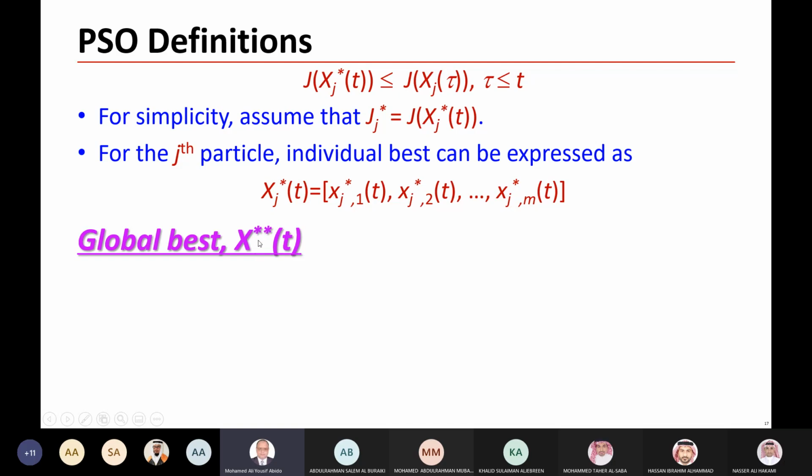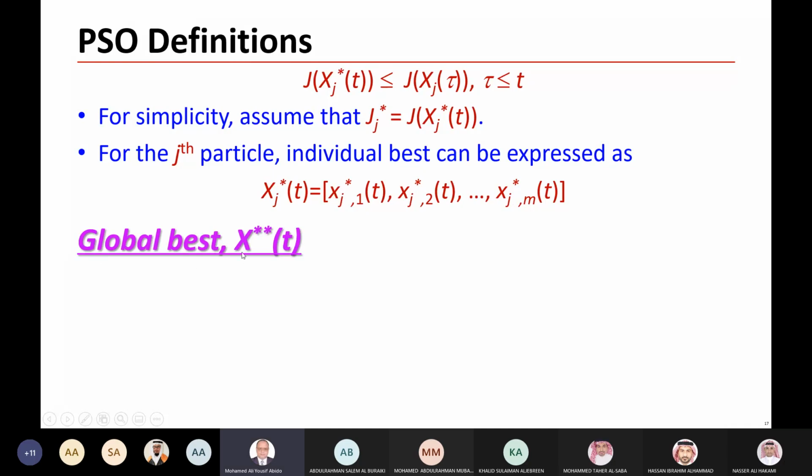Okay, global best x double star. X double star is the global best solution. How many global bests do we have in the population or in the swarm? One. Yeah, of course, it should be one. The number of particle bests is equal to the number of particles.